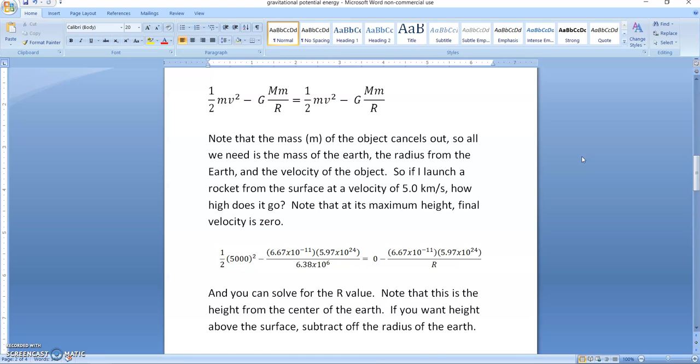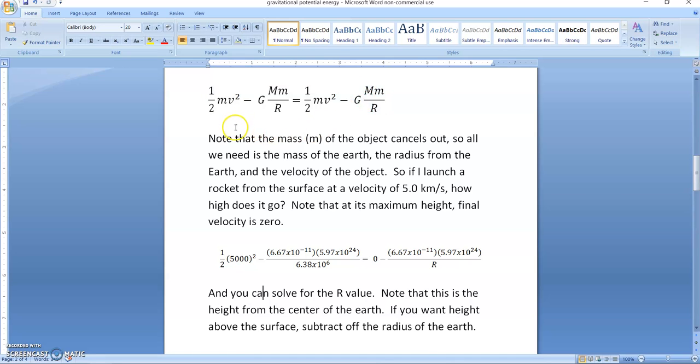So, let's come back to this equation, which you remember is just initial kinetic plus initial potential. Notice it's plus, but it's plus a negative value, equals final kinetic plus final potential.